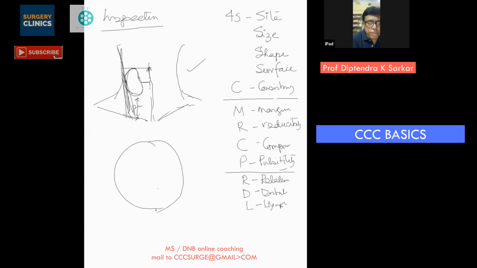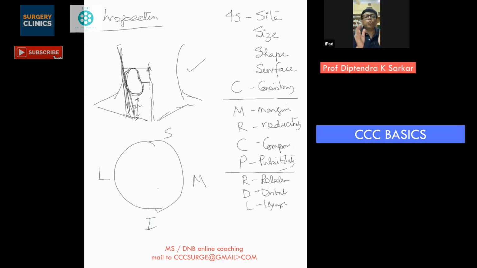So you are going to tell superior, inferior, medial and lateral edge or margin of the swelling. You are going to tell, sir, I can see a swelling. The superior margin of it is well defined. The inferior margin of the swelling is well defined. The medial margin of the swelling is well defined, whereas the lateral extent of the swelling is ill-defined and it merges with the anterior edge of the sternocleidomastoid muscle.